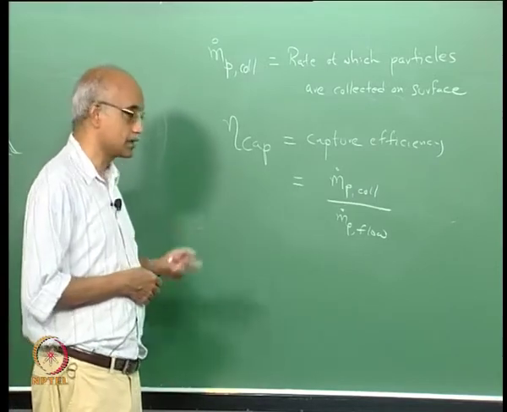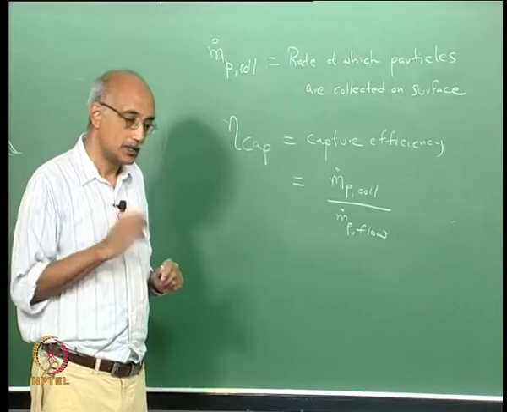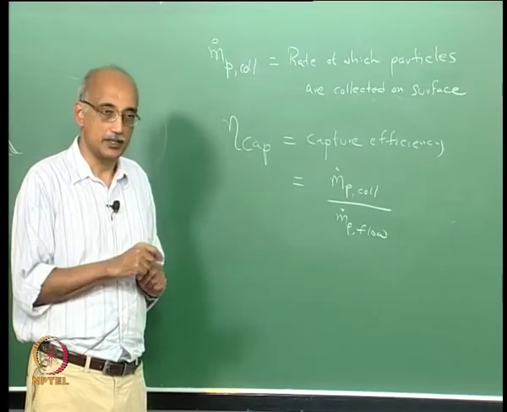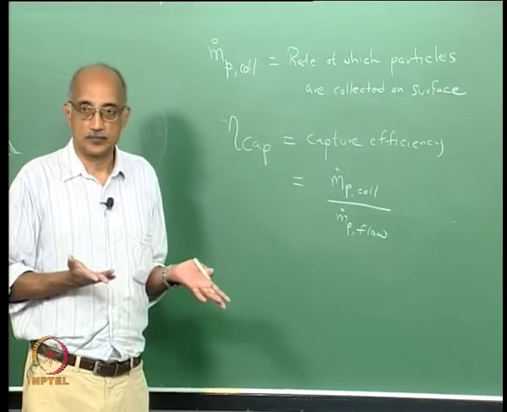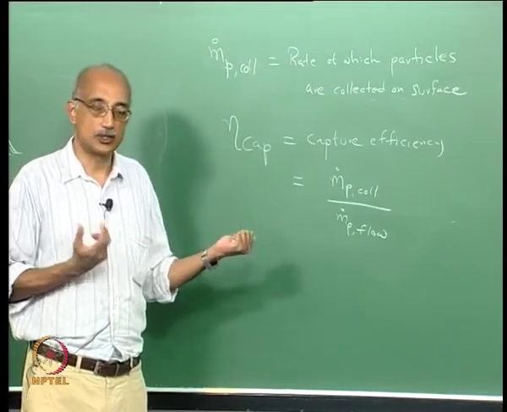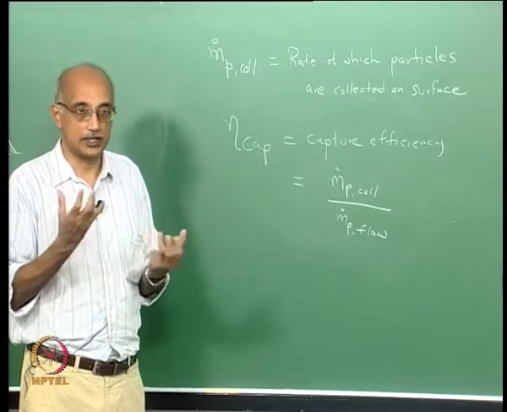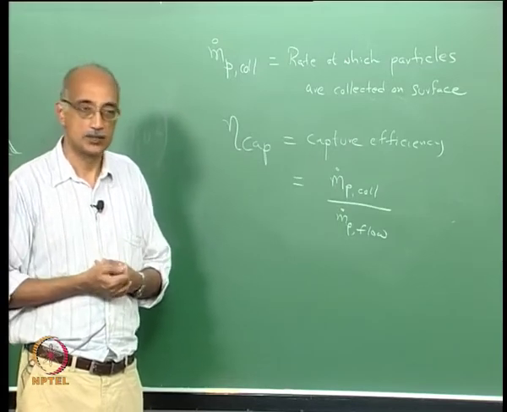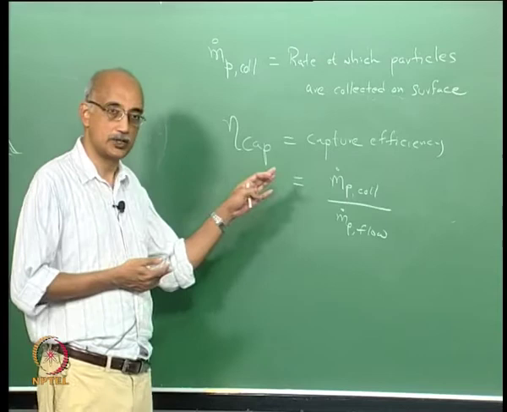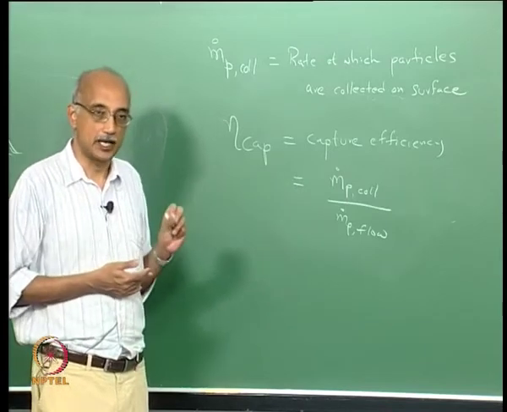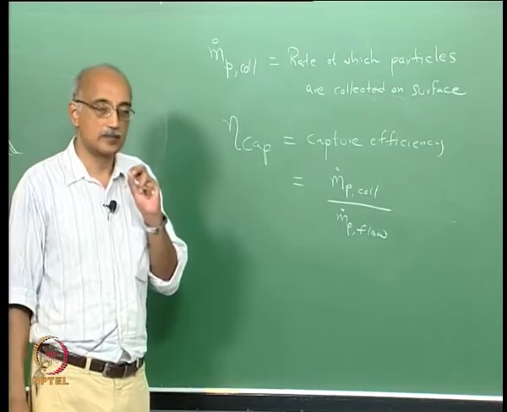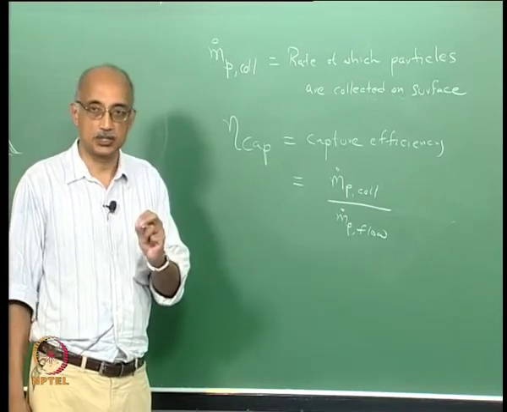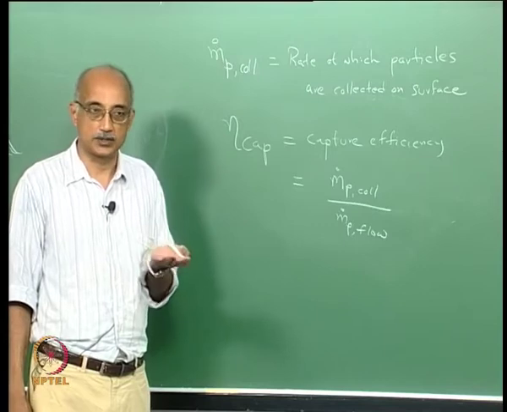So typically this capture efficiency is a crucial parameter that must be minimized in many process applications. But if you're designing a filtration system, you want to maximize it because you want your filter to collect as large a fraction of particles as possible, right? So it's not that you always want to minimize it, but you always want to calculate it. The capture efficiency is a very crucial parameter in any system involving particle suspensions coming in contact with solid surfaces.